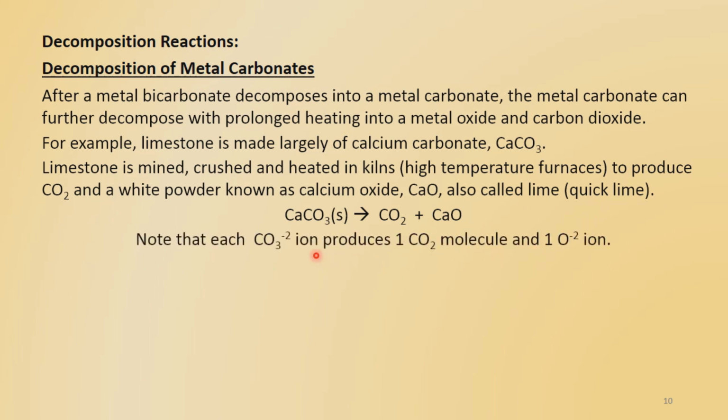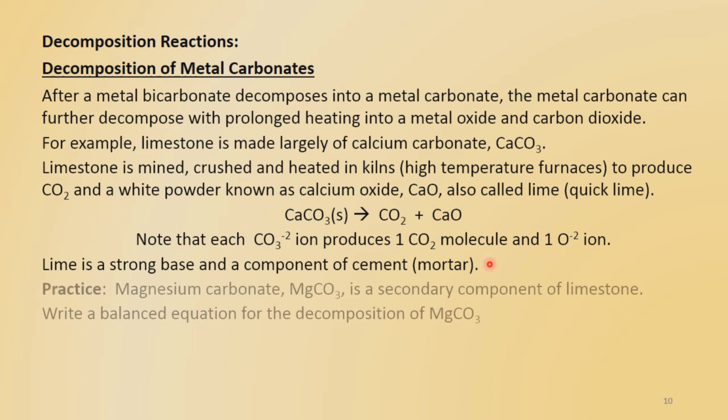Note in the reaction that each carbonate ion produces 1 molecule of CO2 and 1 oxide O-2 anion. Now lime is a strong base and it's a component of cement and mortar.